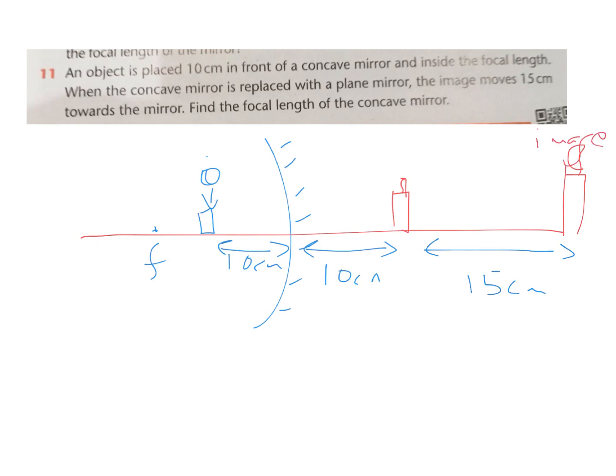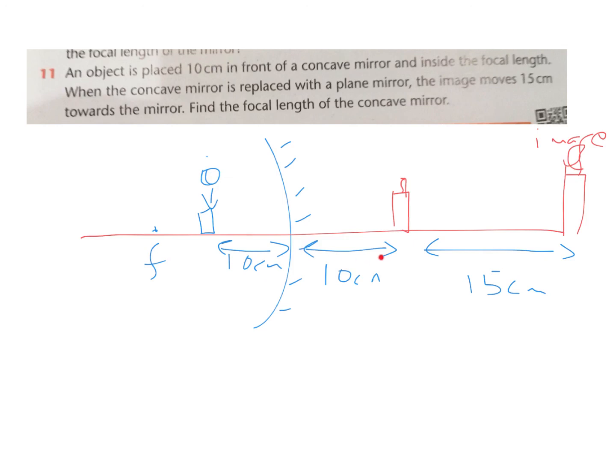So again, if we set it up with the curved mirror, then the image is over here. If we get rid of the curved mirror, then it'll move 15 centimeters. The image moves 15 centimeters closer to the mirror if we're using our plane mirror instead. So it's out here if we have a curved mirror, it's in here if we use a plane mirror.